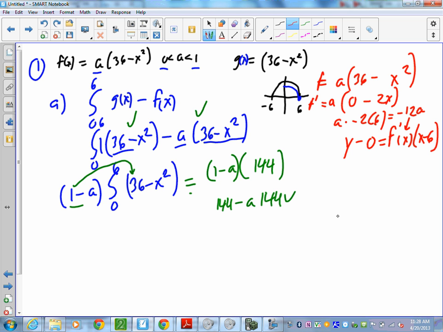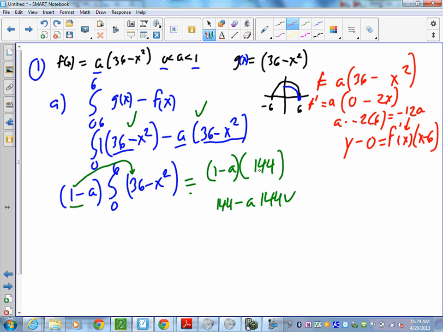Well, part C says determine the value that divides the region into two parts of equal areas. So we're trying to find some value A that will cut it in half. And we've already found what?